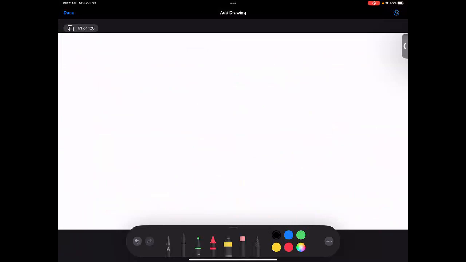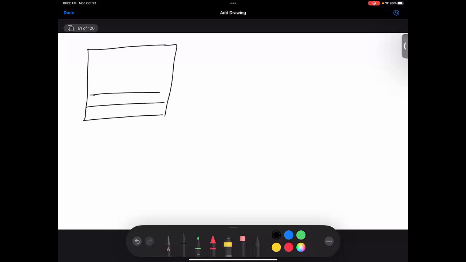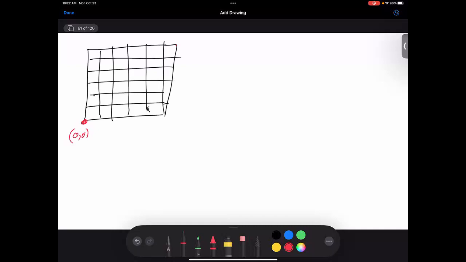Okay. So let's consider a grid in Manhattan or just anywhere in the world. And so I'm going to have, you know, some n by n grid. Not even going to try to draw 3, 4, 5. 1, 2, 3, 4, 5. And I want to look at all the paths that start at (0,0) and end at (n,n).